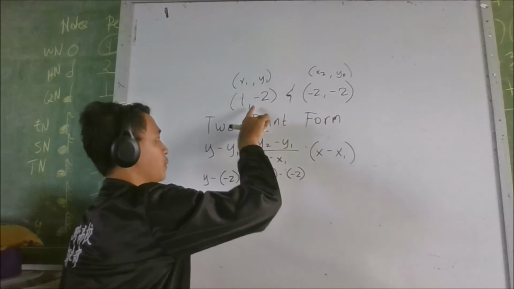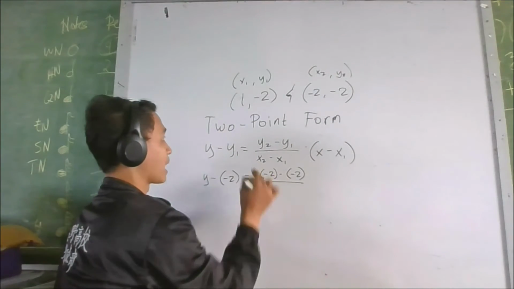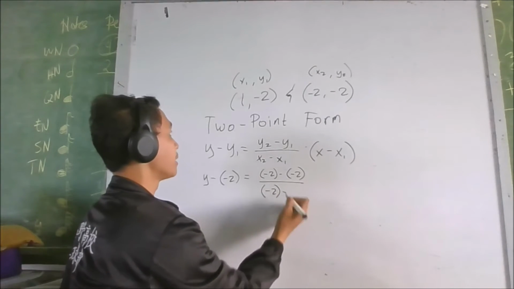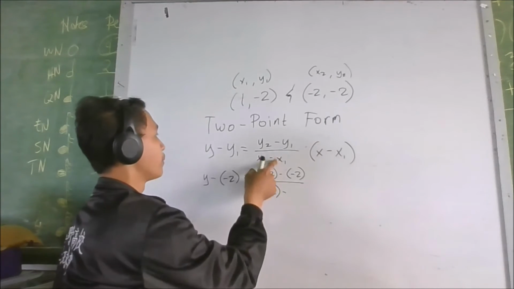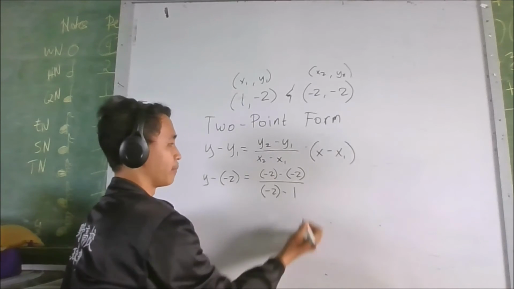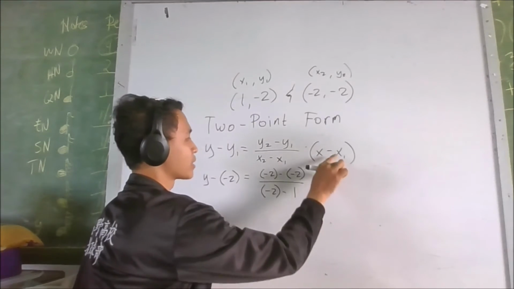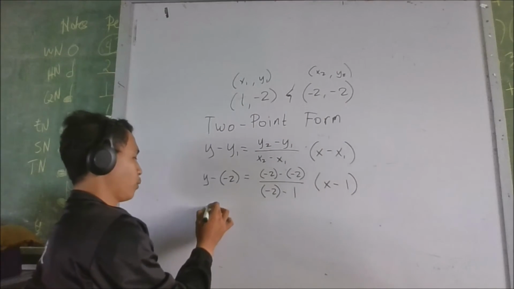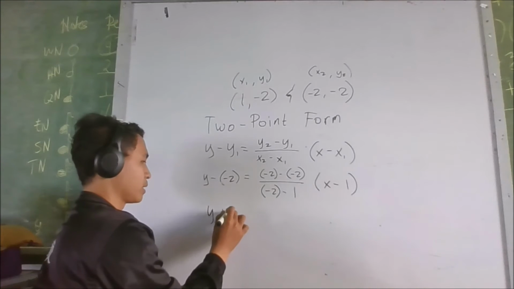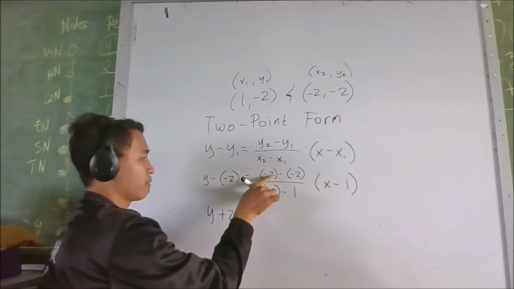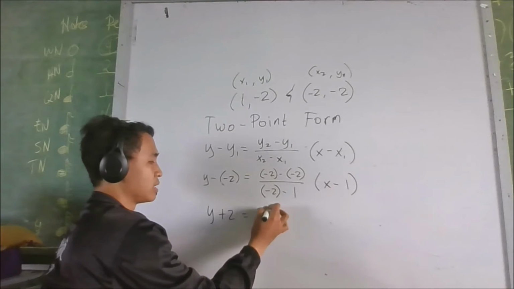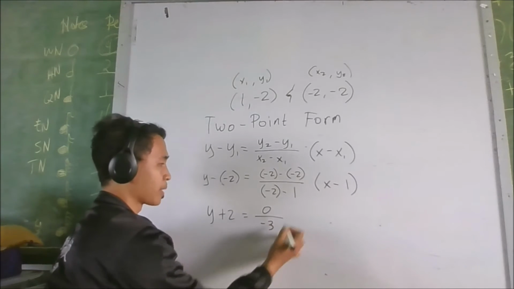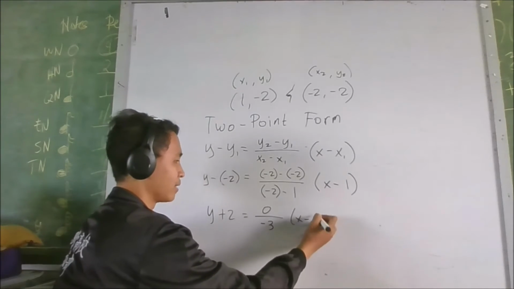Y sub 2 is negative 2, y sub 1 is negative 2, all over x sub 2, which is negative 2, minus x sub 1, which is positive 1, multiplied by x minus x sub 1, which is positive 1. So that would be y, negative times negative is positive 2, equals negative 2 minus negative 2 is 0, all over negative 2 minus 1 is negative 3, multiplied by x minus 1.